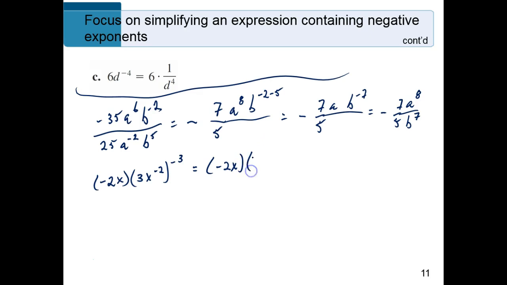Believe it or not, you start with 3 to the negative 3, and you can finish it for me. X to the 6. Perfect. Now, what does that become?